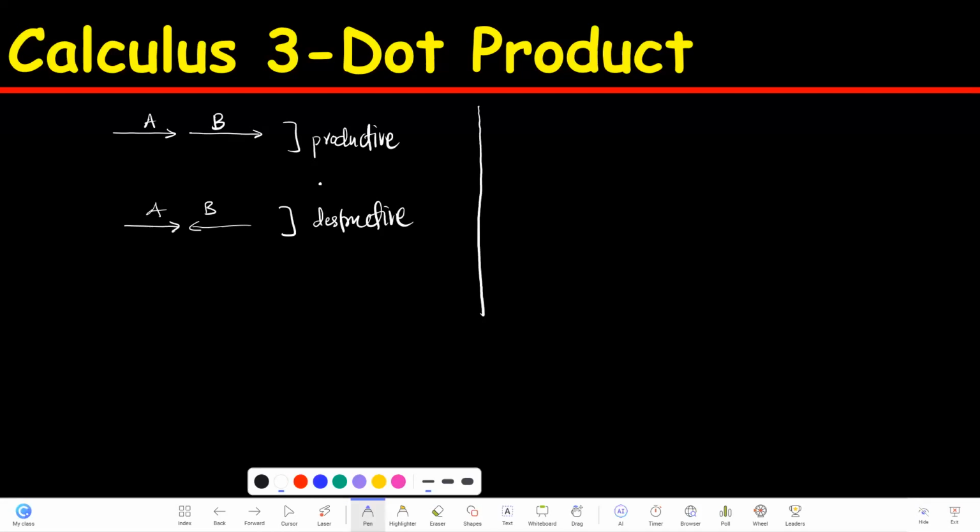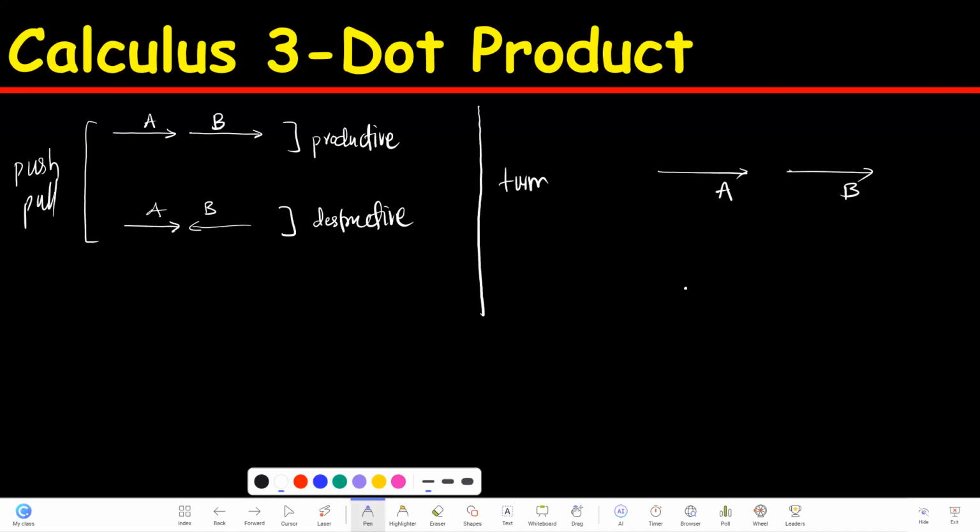Now, if I want to turn something, this is a word for when I want to push or pull something. If I want to push or pull something, I use this. If I want to turn something, let me ask you one thing. This is vector A and this is vector B. Do you think vector A and vector B have the capability to turn each other?